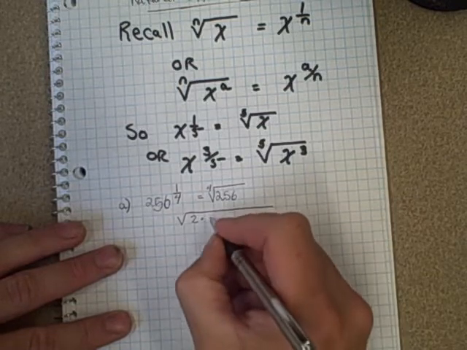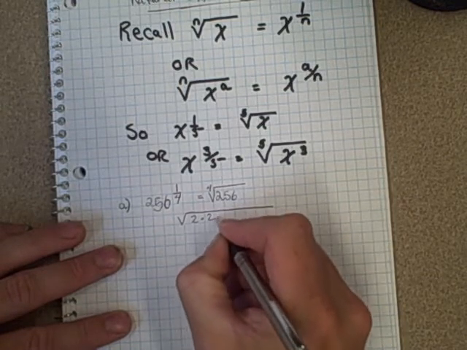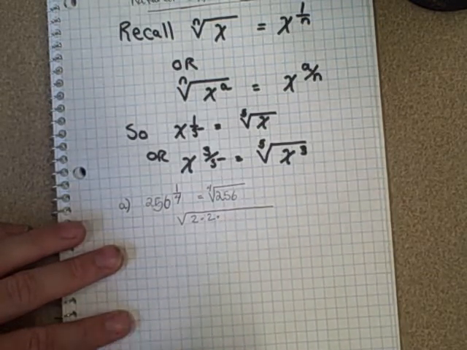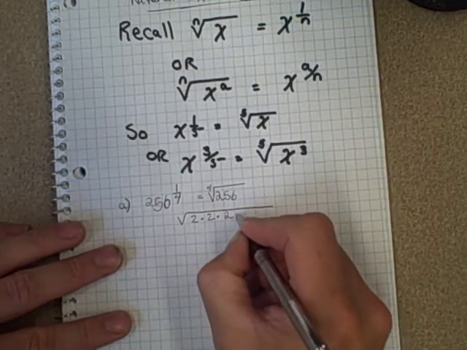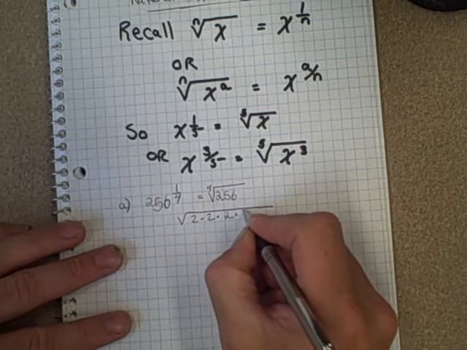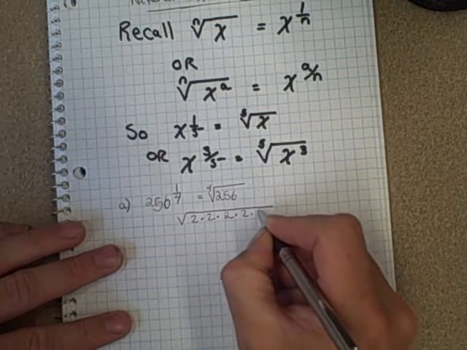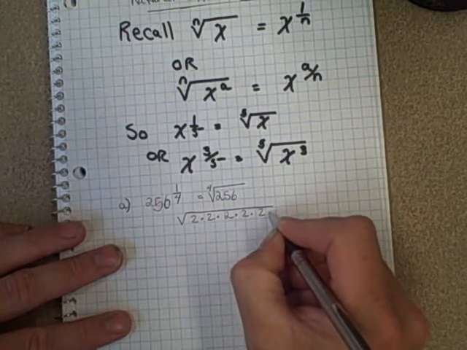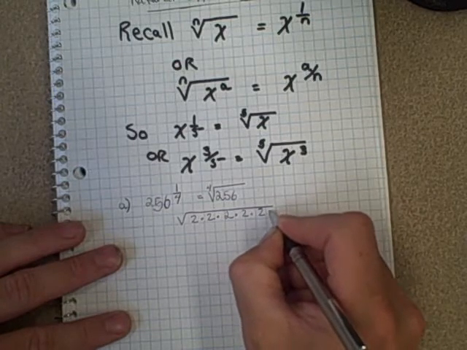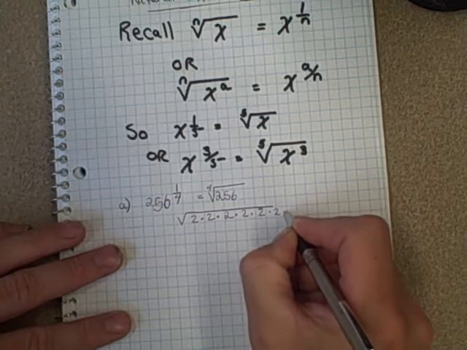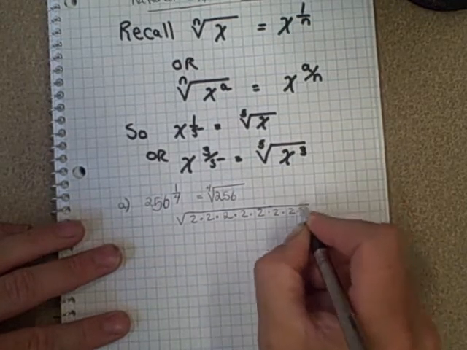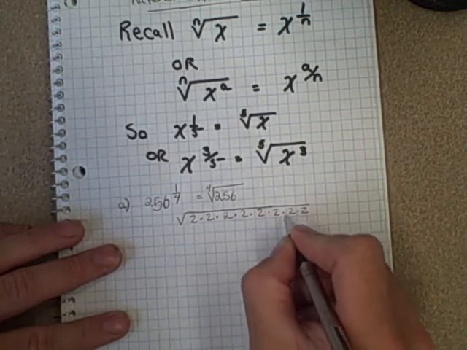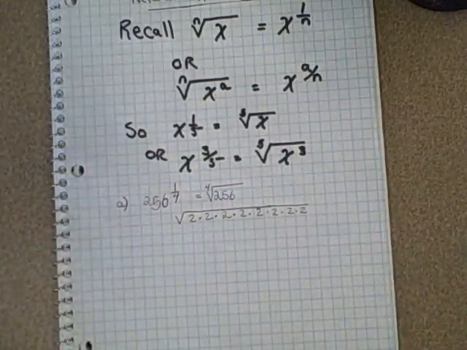We can take 2 out of 128, and that would give us 64. 2 out of 64 would give us 32. 2 out of 32 would give us 16. 2 out of 16 would give us 8. And then 4. And then 4 is 2 times 2. So we have a total of 1, 2, 3, 4, 5, 6, 7, 8 twos to get 256.